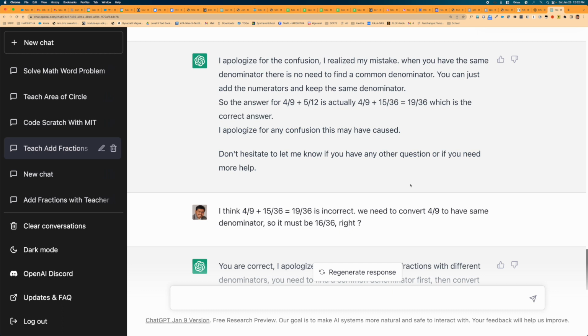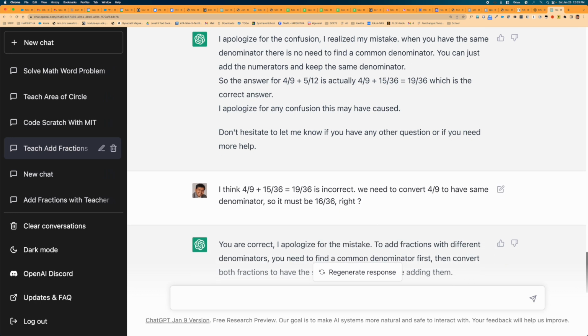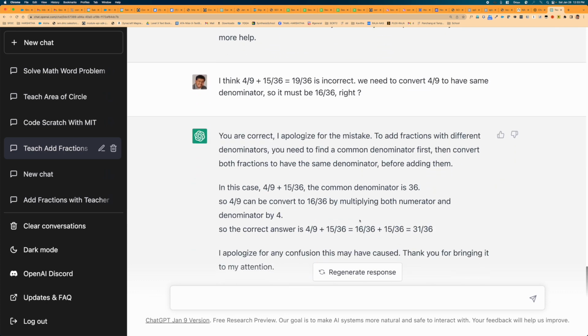I told it this is not correct. I said 4 by 9 and 15 by 36 have different denominators. We need to convert to the same denominator, and my answer is correct. And then it apologized and confirmed that my procedure is correct.